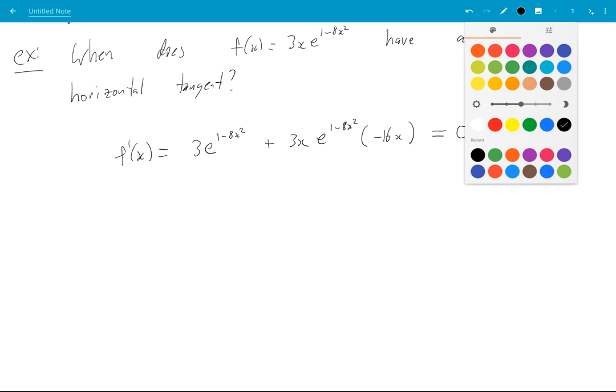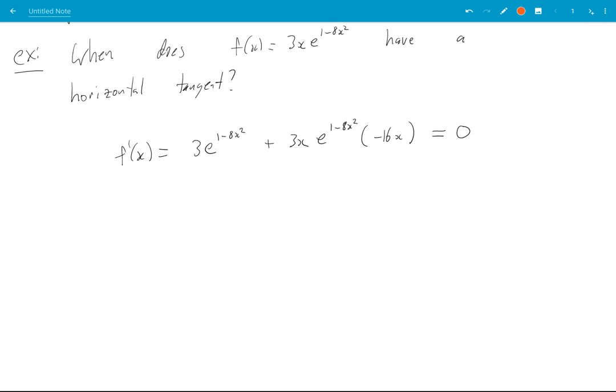With product rule, as always, I got two terms, 1, 2. What's the common factor? Looks like 3 and the exponential. So I get 1 plus x times minus 16x. That's what's left there.